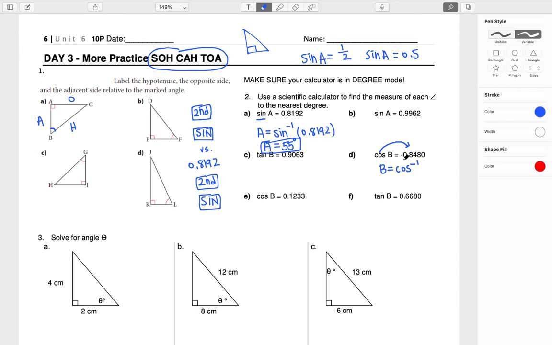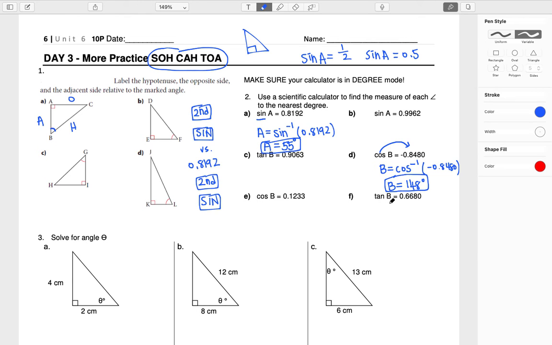So second function, and then cosine, bracket, -0.8480, and make sure you close the bracket and press enter. And for B, you will get 148 degrees. Okay, so if you're able to get this number, that means you are doing it correctly. Again, make sure to round your angle to the whole number.